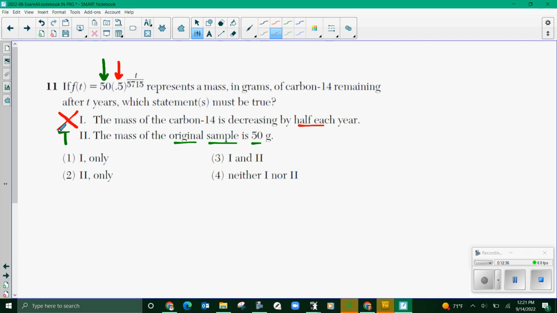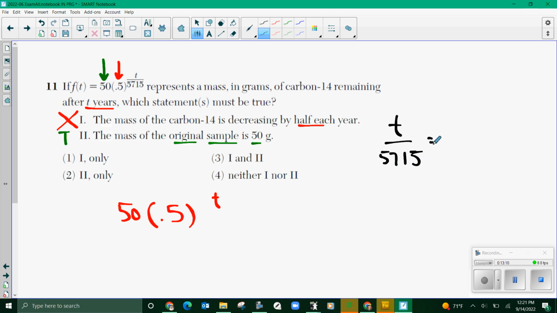If I want to know the rate of change per year, t is years. That means my exponent just needs to be the t. I have my 50 out front, and I still have my 0.5 here. I rip my fraction apart, meaning I'm going to say t over 5715, which is my exponent.